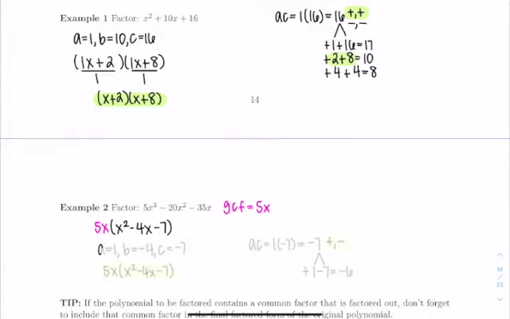So A is 1, B is -4, and C is -7. We do A times C, which is 1 times -7, and that gives me -7. The only way to get a negative number with multiplication is to have one positive and one negative number.